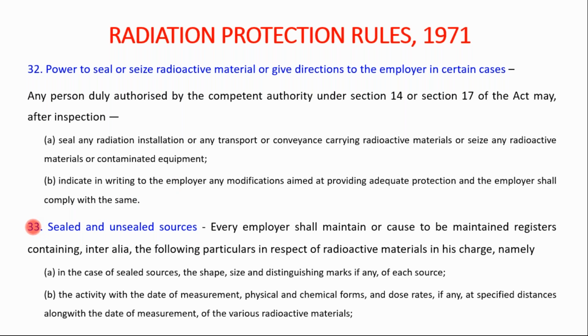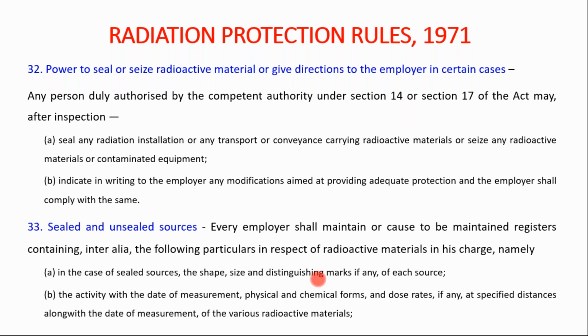Then rule number 33 is related to the sealed and unsealed sources. So every employer shall maintain or cause to be maintained registers containing inter alia the following particulars in respect of radioactive materials in his charge, namely in the case of sealed sources, the shape, size, distinguishing marks, if any, of each source.